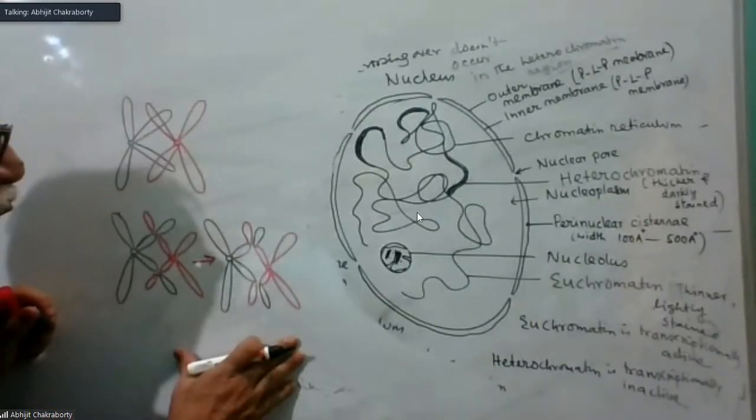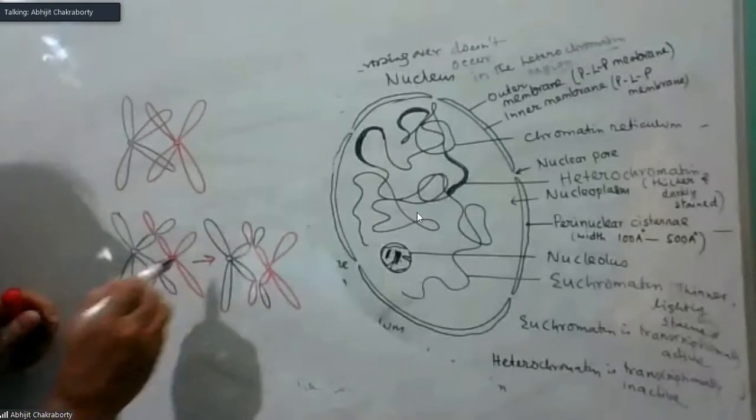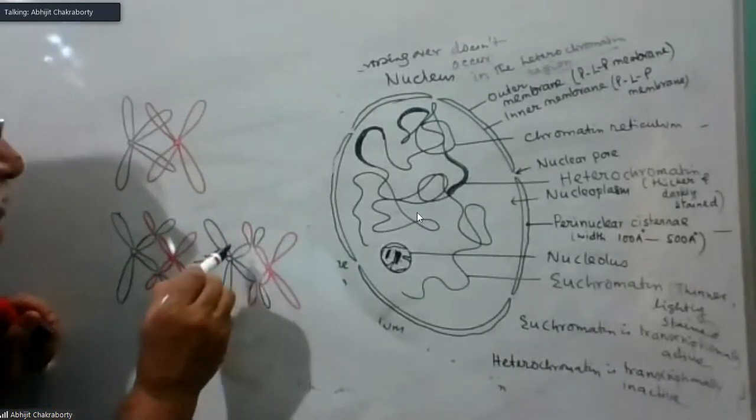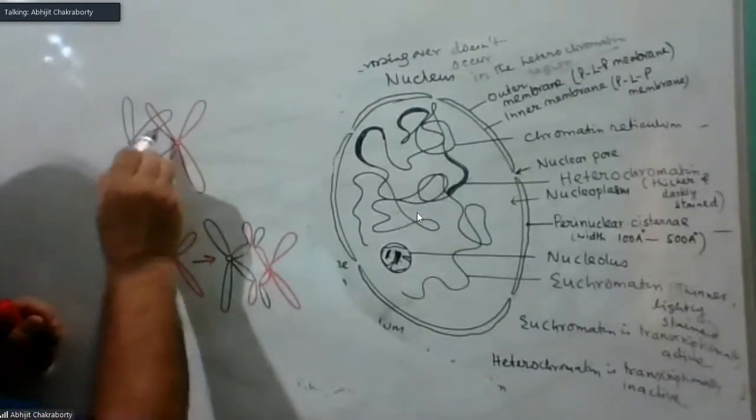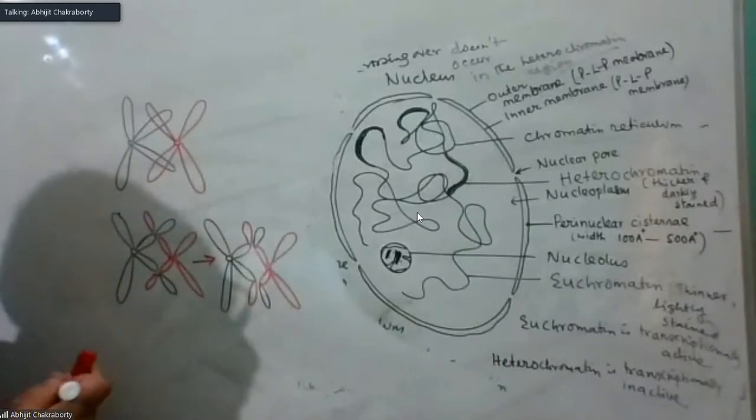Clear? So here exchange of chromatin material takes place between two homologous chromosomes, and this is called crossing over.